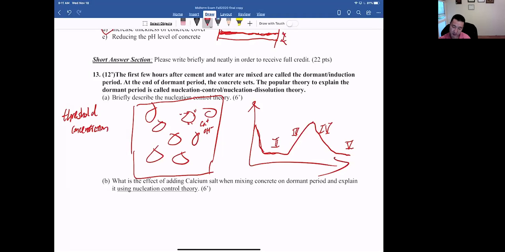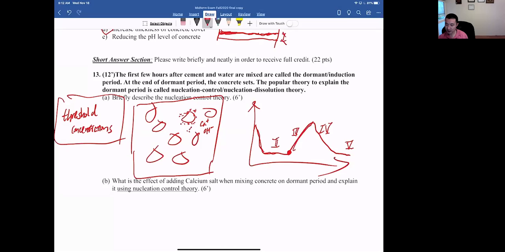So the cement particles will slowly release calcium and hydroxide ions into the water, into the pore solution. There's not much hydration product generated until the threshold concentration is reached. After that, we have hydration product generated.